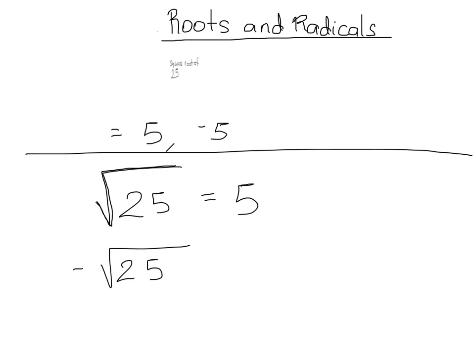So if I say the words square root of 25, I'm referring to both the positive and the negative square root. But if I use my radical sign here, it only gives you the positive or the principal root. You have to actually write the negative before the square root to get the other negative root.